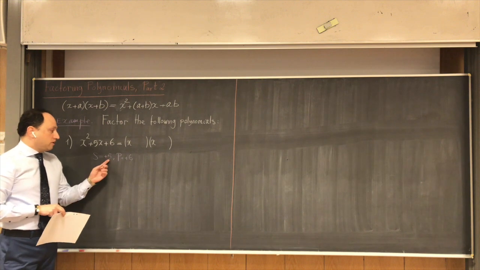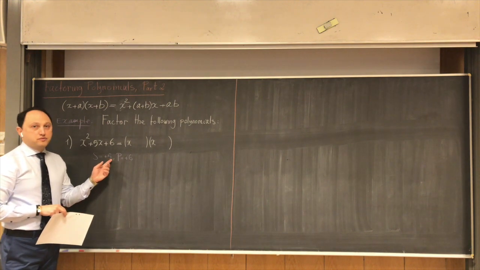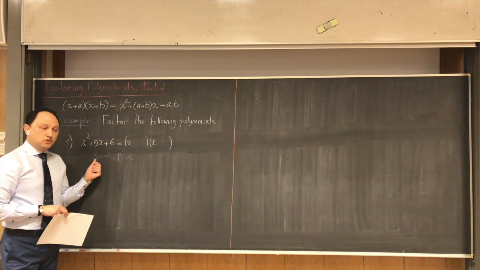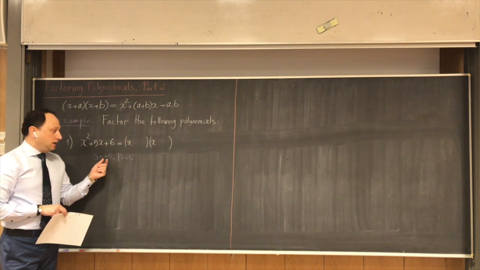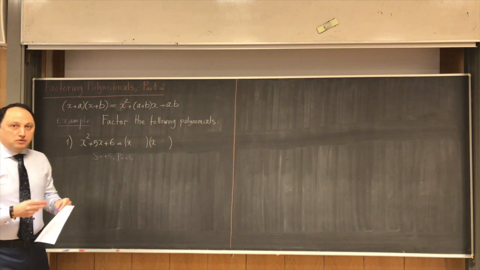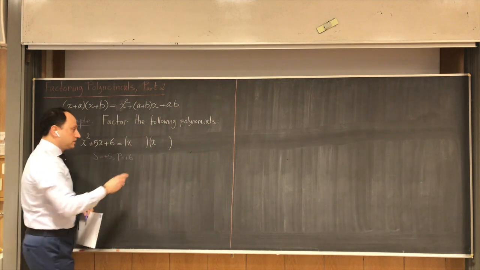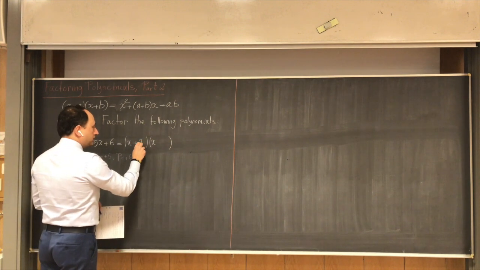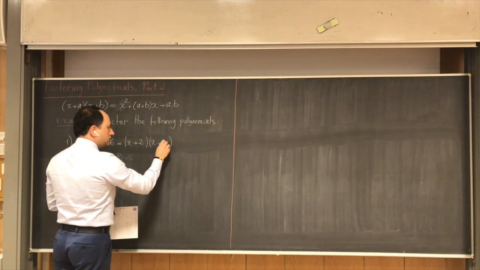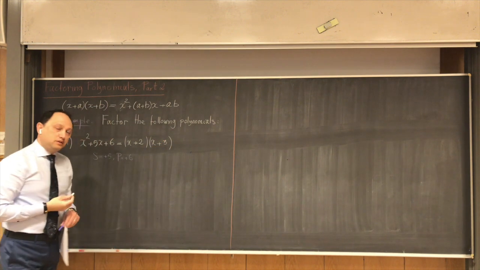It's not that hard to guess these two numbers. The two numbers are positive 2 and positive 3. Positive 2 plus positive 3 is 5, so the sum is indeed 5. And if I multiply 2 by 3, it becomes positive 6. So those numbers that I am looking for are positive 2 and positive 3. I put one of them in the first pair of brackets and the other in the second pair of brackets.